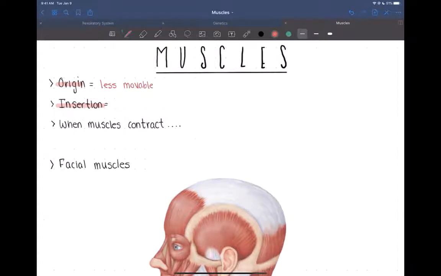And the insertion is generally more movable. And typically it's going to move towards the origin when the muscle contracts. Okay, so that's during muscle contraction.